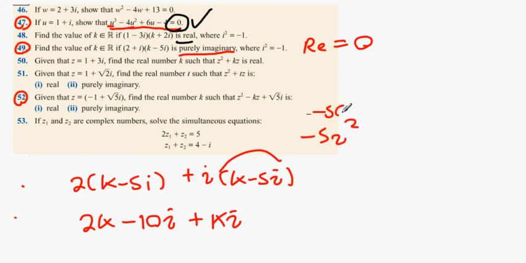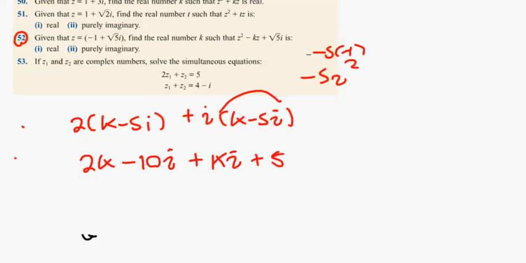Minus 5i squared is minus 5 times minus 1, which is plus 5. Okay, now we look at the real part, just the real part here and the real part here. This means that 2k plus 5 has to equal 0, because the real part has to equal 0.